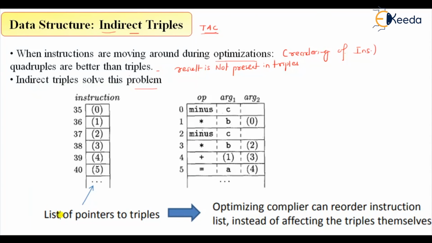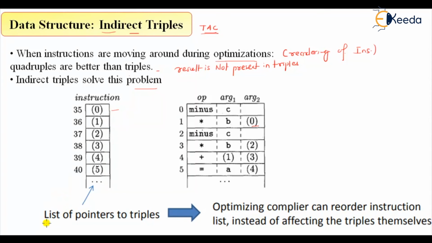Now here we have a minus operator, and then c, which we have just done, and before that a position number 0, and then minus, then c again, then b, and these two positions. Now what will happen in this case is that the instruction ordering is there, that is 35, 36. So 35 instruction refers to the 0th instruction, then 30.